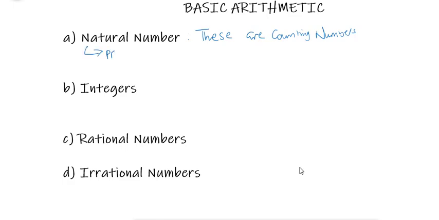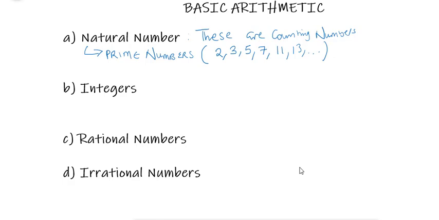And then of these same natural numbers, we have what we call prime numbers. Prime numbers start from 2. 1 is not a prime number. So we have 2, 3, 5, 7, 11, 13, and so on.